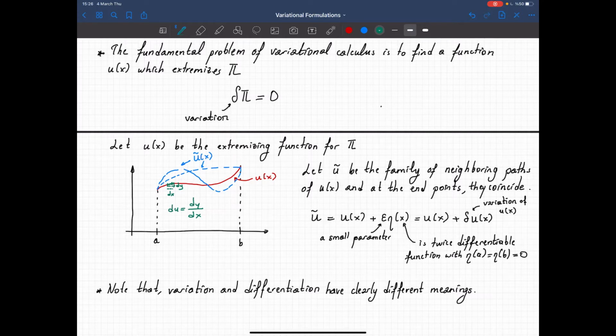But variation is we give a small change between these two points to the whole function. So they have two different meanings.